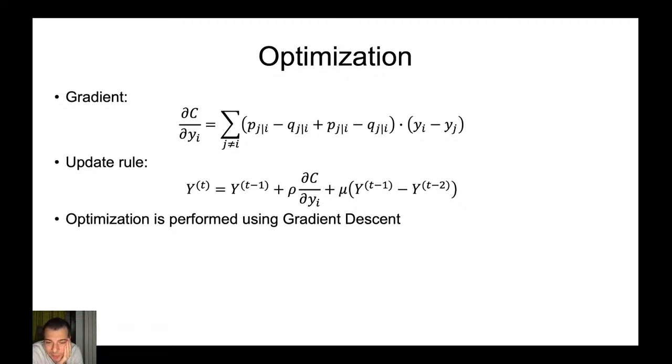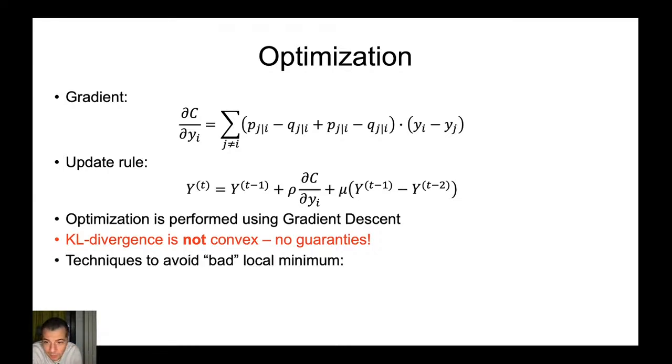Okay, so the optimization is performed using gradient descent, and actually here we have a lot of local minima, so the Kullback-Leibler divergence is not convex.